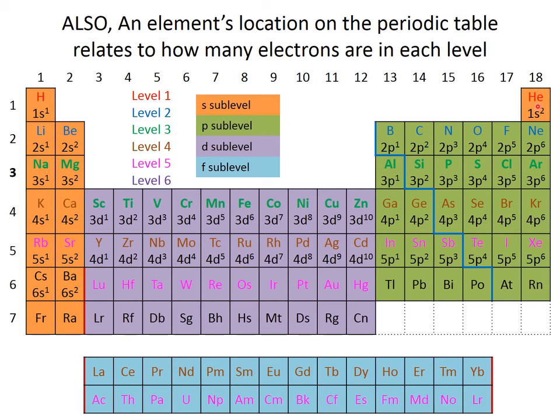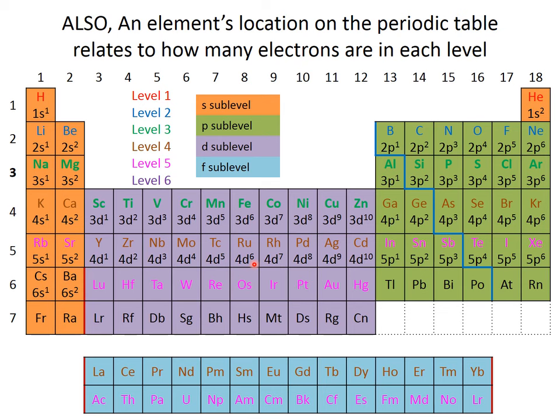So here's 1s2, 2s2, 2p6, 3s2, 3p6, 4s2, 3d10, 4p6, 5s2, and then ruthenium, 4d6 would be. So I can write my electron configuration simply from looking at the periodic table if you would like. A lot of people find that's much faster.